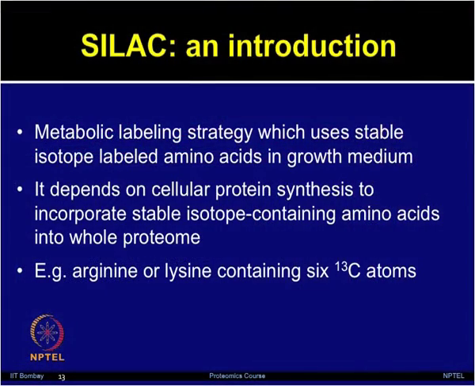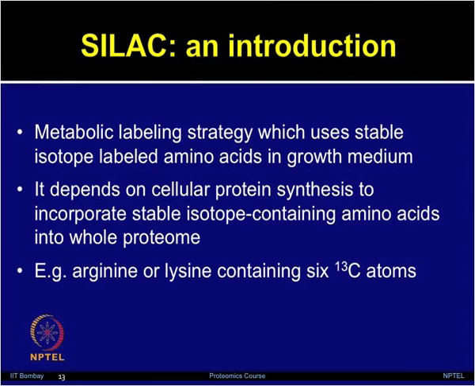So, SILAC is a metabolic labeling strategy which uses the stable isotope-labeled amino acids in the growth medium. This experiment depends on the cellular protein synthesis to incorporate the stable isotope containing amino acids into whole proteome.